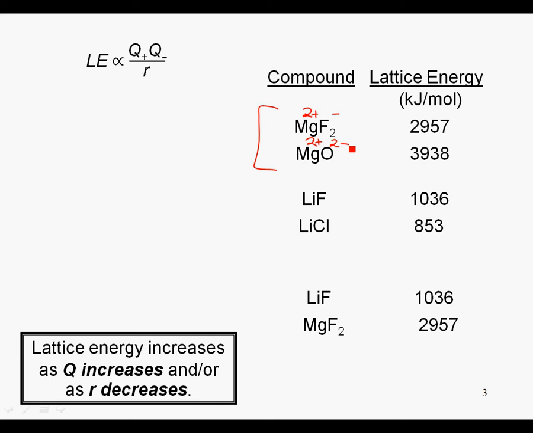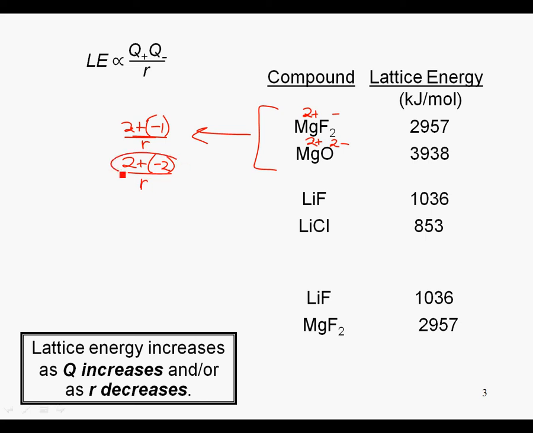If we plug those numbers into the lattice energy equation, the Q plus is going to be 2 plus in both equations. But the negative one is different. That's going to be -1 here, and it's going to be -2 here. We don't know what R is, but we don't care. It's the same, or roughly the same.